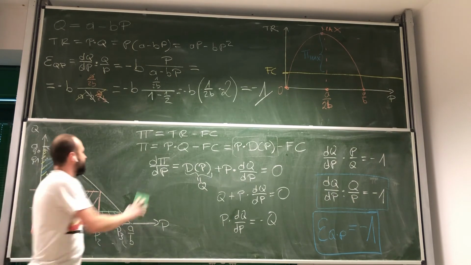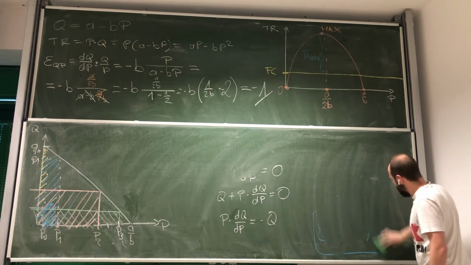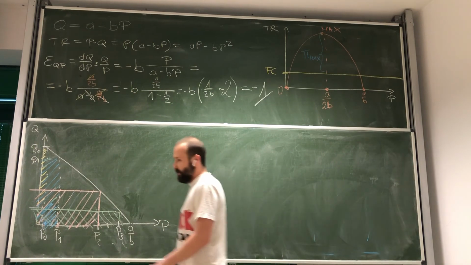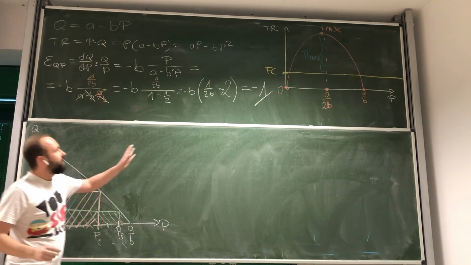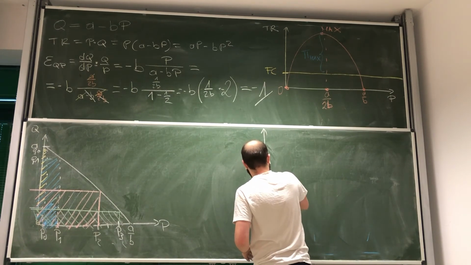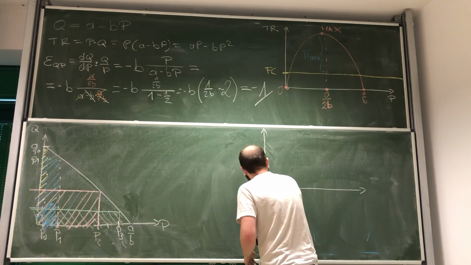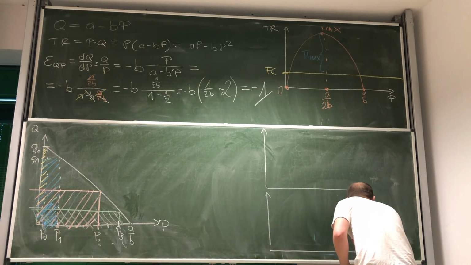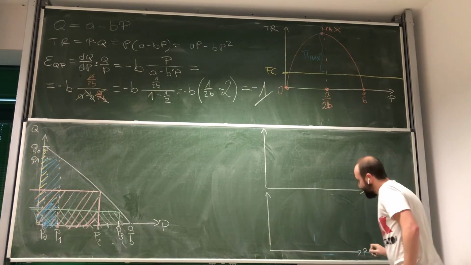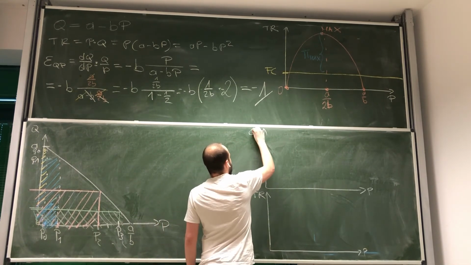Okay, and look, now, knowing this, we can combine those two graphs into just one graph that summarizes all this information. I'm going to make it a little bit smaller, but I hope you will be able to see everything. So imagine putting together everything that we said today. Here is price, here is total revenue, here is quantity demanded.